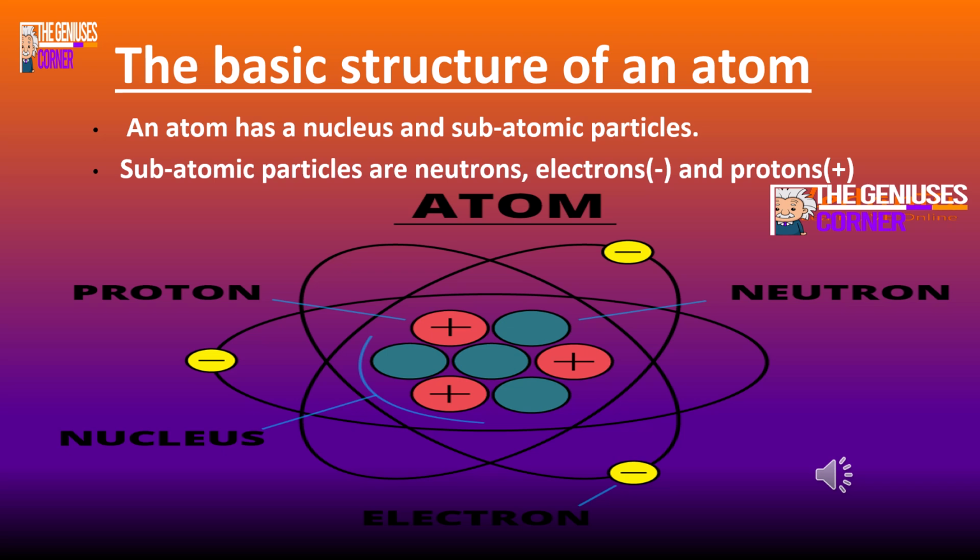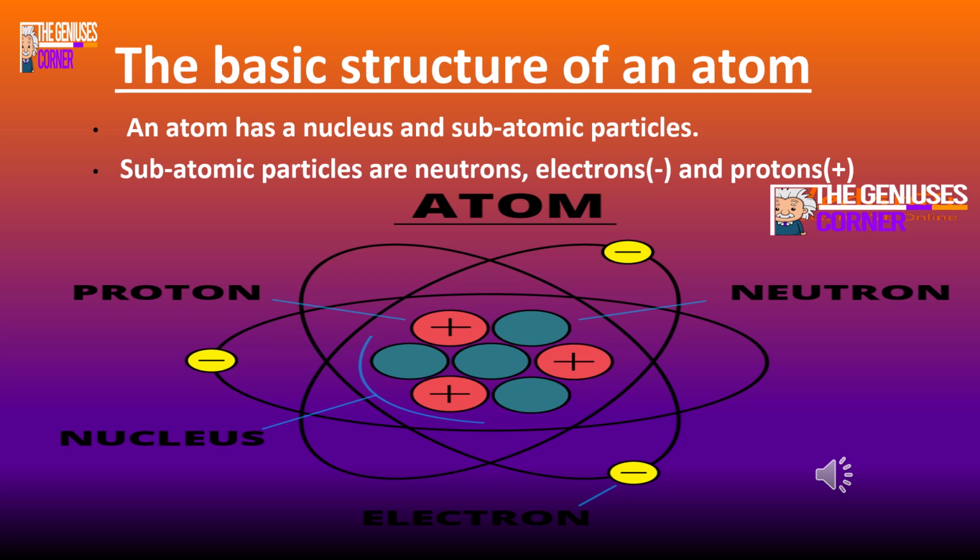An atom is a building block of matter. So matter is composed of different types of atoms, and elements themselves also consist of atoms. In the basic structure of an atom, there is what we call a nucleus, and there are also what we refer to as subatomic particles.